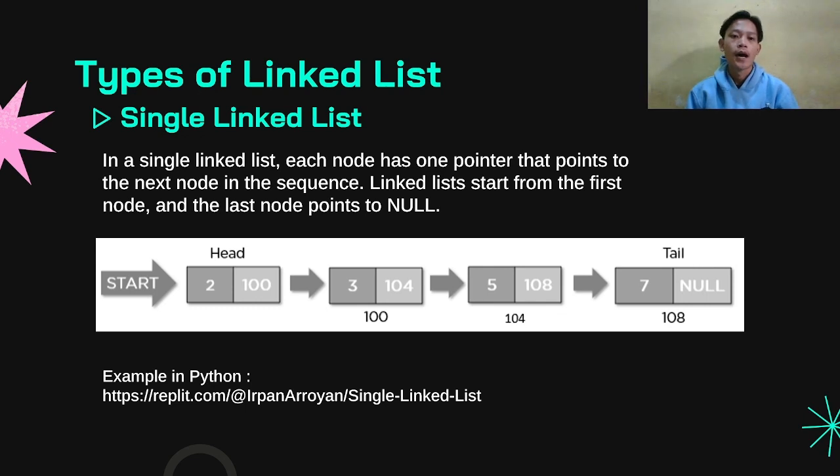So, a sample single linked list: this is the first, this is head, and last is tail or null. This is an example in Python.